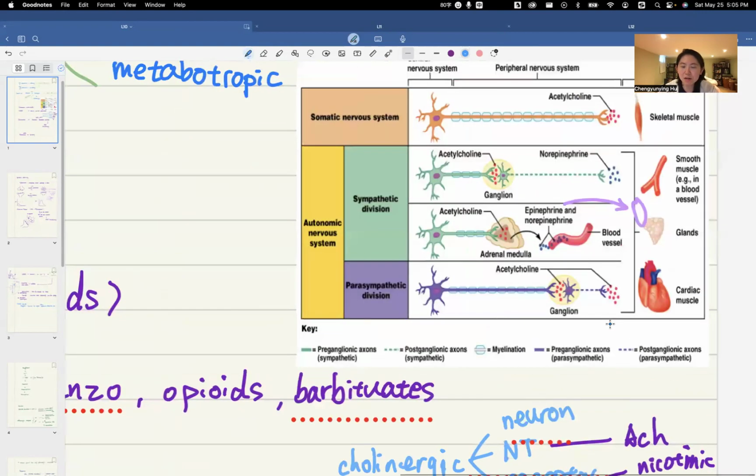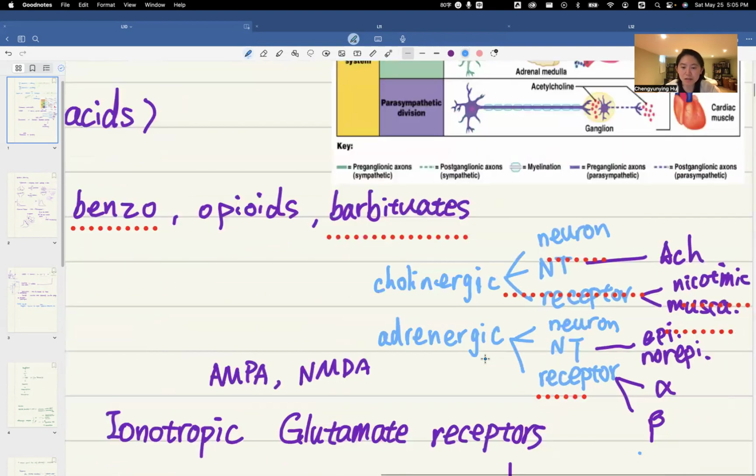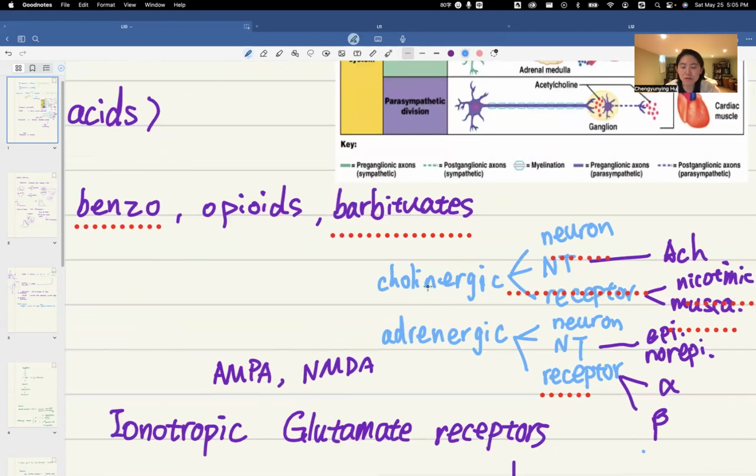Before going into this table, let me just categorize the neurotransmitters and the receptors. We are talking about two groups of neurotransmitter and receptor. One is cholinergic. The other one is adrenergic.